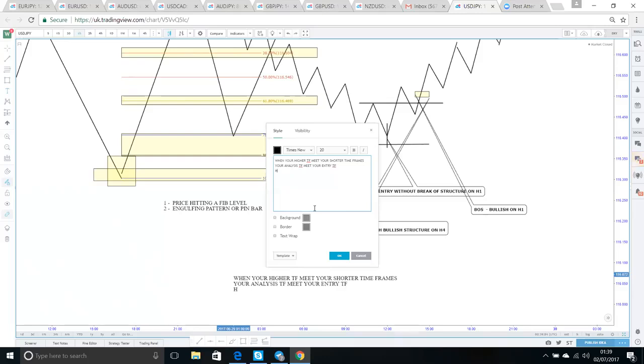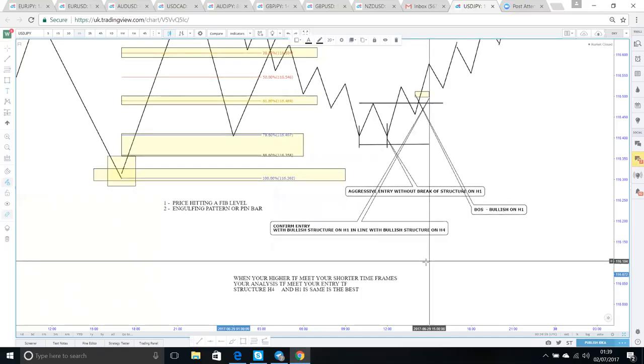In this instance, the structure on H4 and H1 being the same is the best trade, because that is the trade in the direction of the higher time frames. If it makes sense, guys.